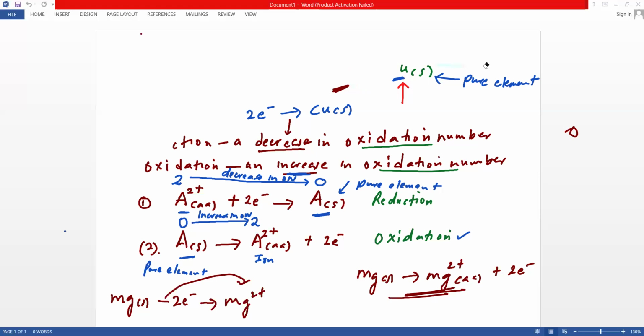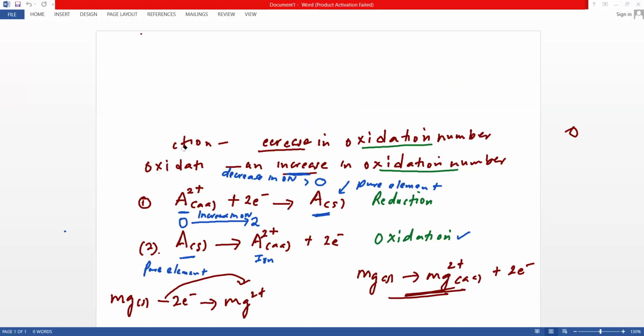But first we need to understand the types of electrodes, the cathode and anode, before moving on to the types of electrochemical cells.